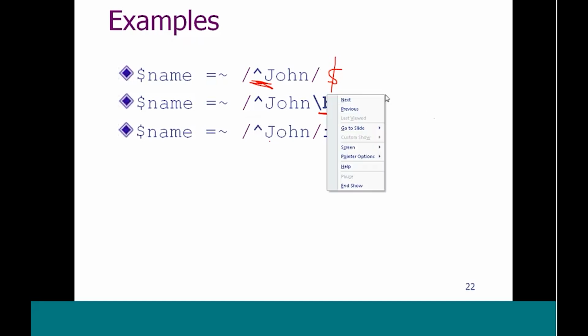So this will match either lowercase john like this, or it will also match j and then uppercase O H N, whichever one. If the case doesn't matter, it just matches this set of characters. It doesn't have to be either uppercase or lowercase.